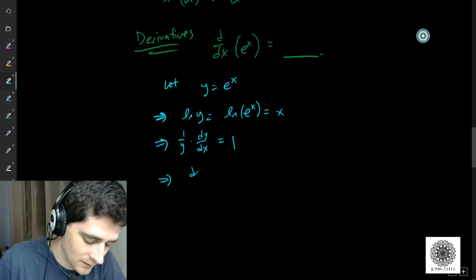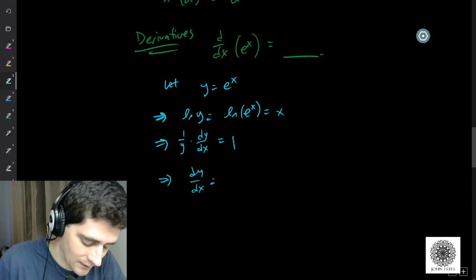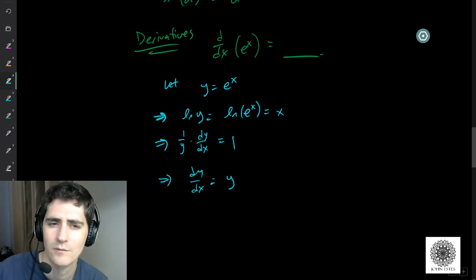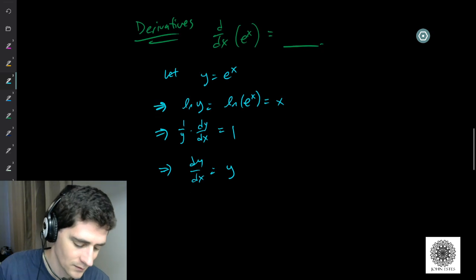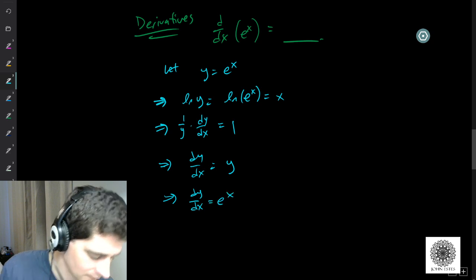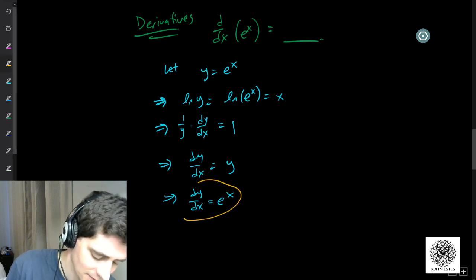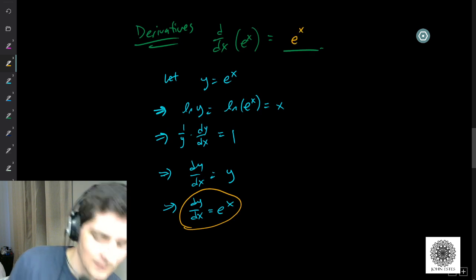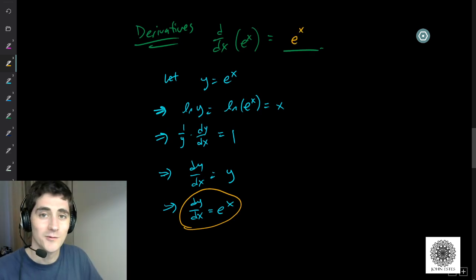So now solving this for dy dx, I get dy dx equals y. But what was y again? y was e to the x. That's my answer. The derivative of e to the x is e to the x. That's a really weird thing.